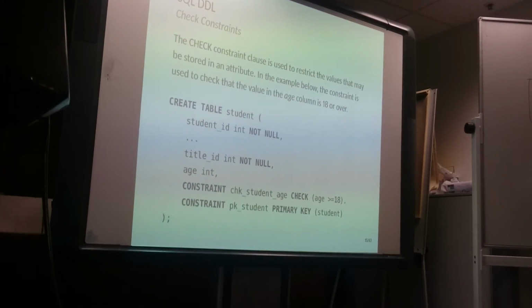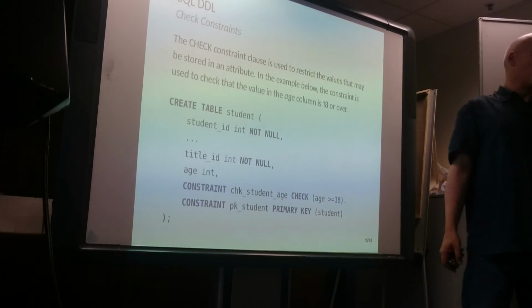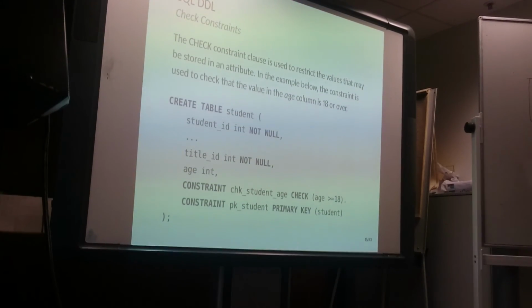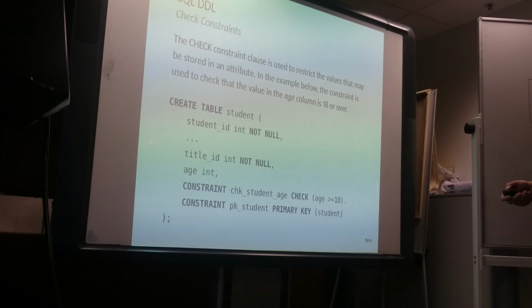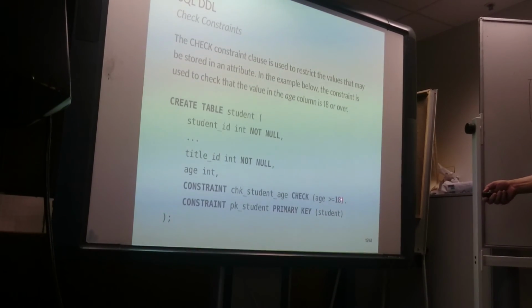Here's the example. Now I generally put the word CHK before check constraints in their name. So I've got create table student, all the attributes here that I'm creating, and then constraint CHK student age. Check age greater than or equal to 18.